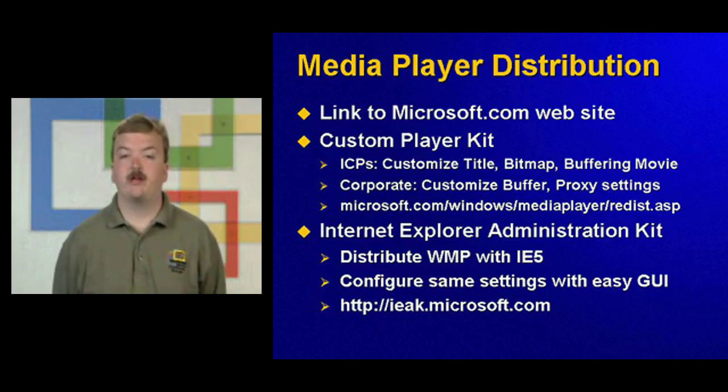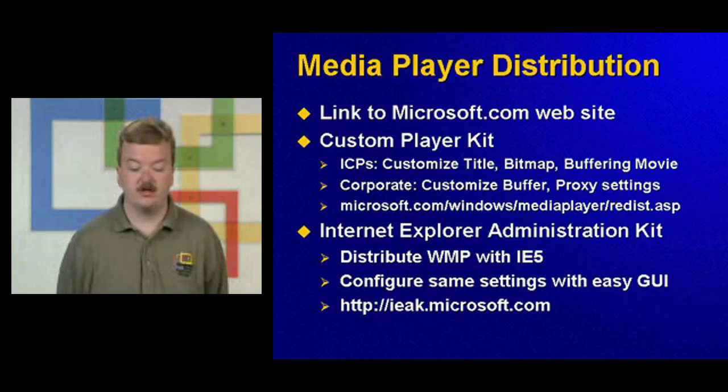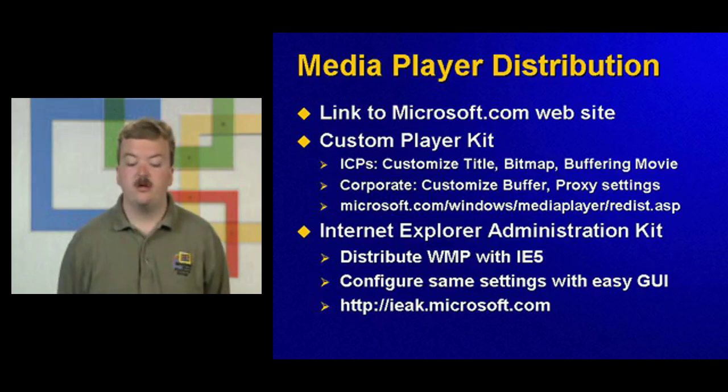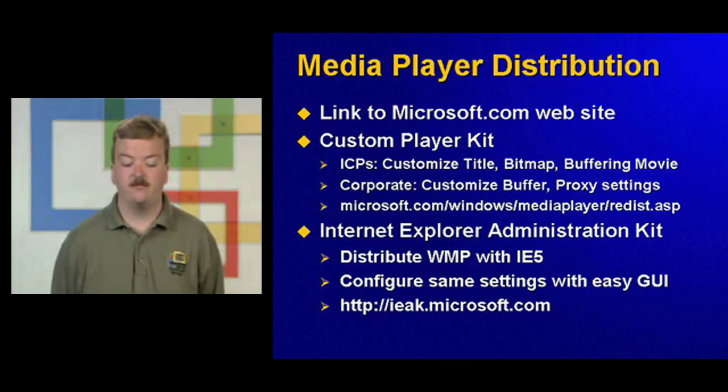This allows corporations to customize options like the proxy settings or the buffer time, or ICPs may want to customize the title bar or the actual logos that are used in the product itself to more brand it for their particular website. This is available for download off of www.microsoft.com/windows/mediaplayer/redist.asp.